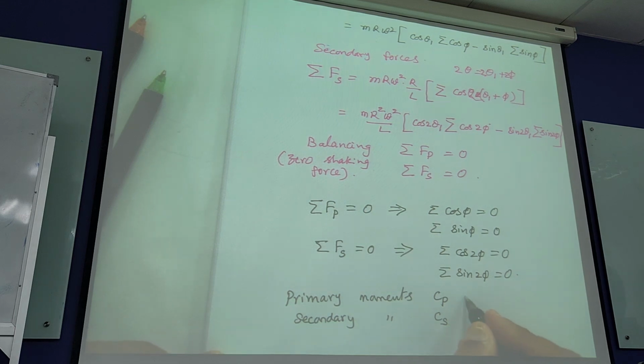The primary moment is the sum of the primary forces multiplied by A, and the secondary moment is the sum of the secondary forces multiplied by A.